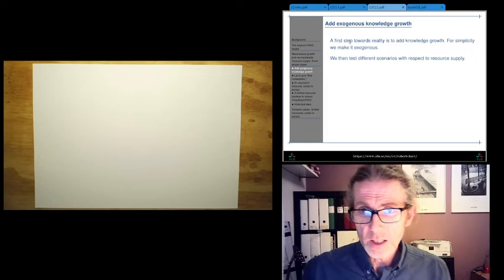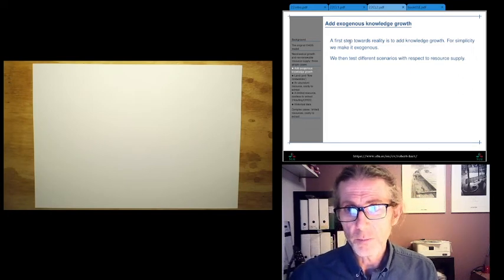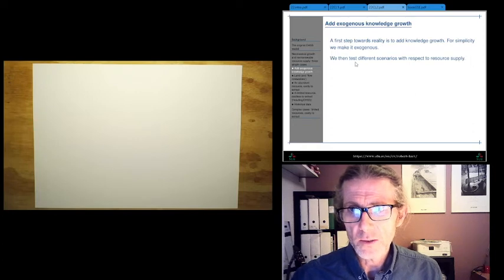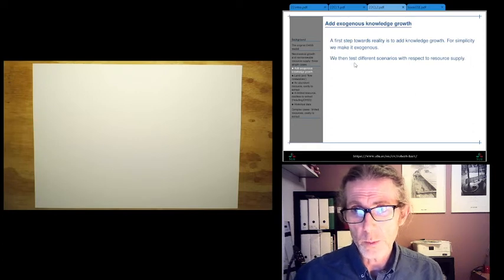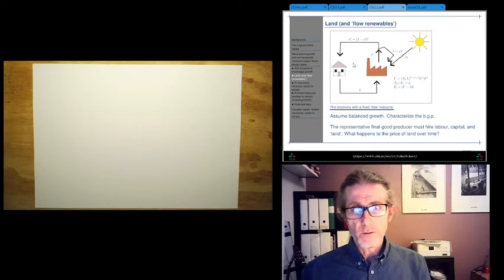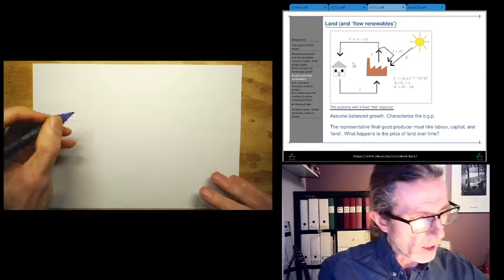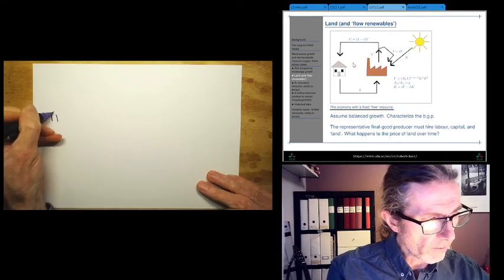For simplicity, we make it exogenous, and of course we have positive depreciation. And then we test some different scenarios with respect to resource supply. And we start with a very simple scenario, which is that the resource supply R is exogenously fixed.